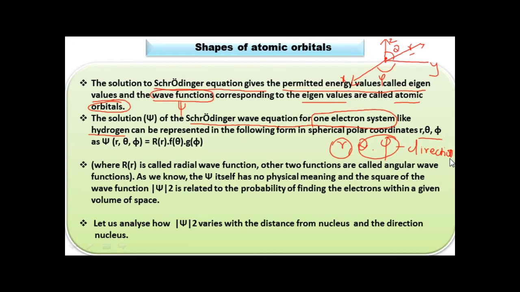I already told you, r is the radial wave function, and theta and phi are called the angular wave function. One more question may come: theta and phi is the angular wave function. What is r? R is the radial wave function.